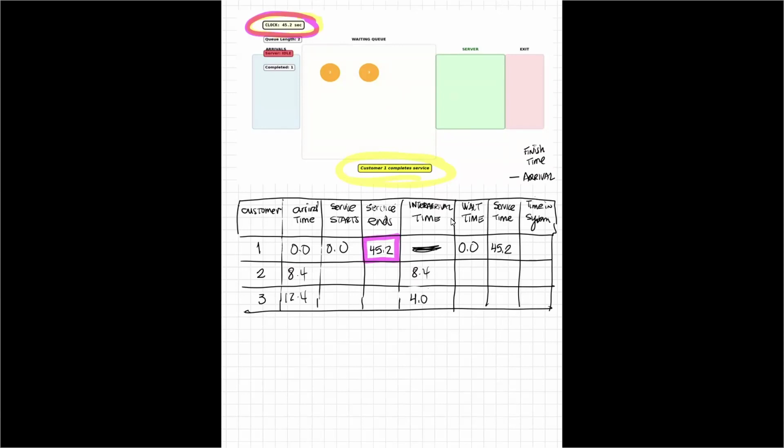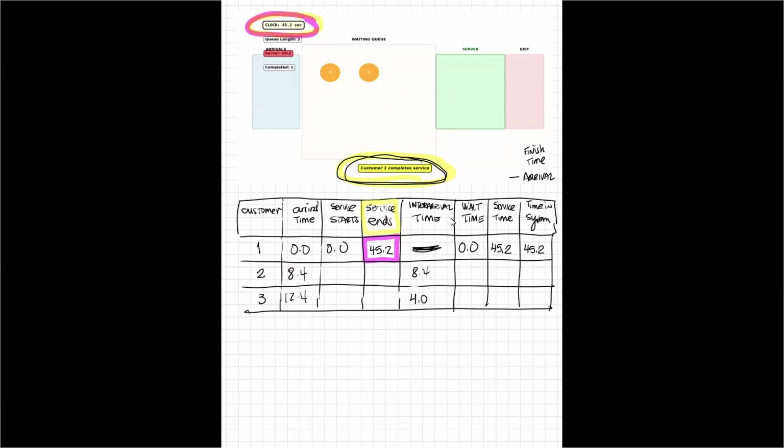So for customer 1, they finished at time 45.2. They're leaving right now, and they had arrived at time 0. So the time in the system is 45.2.